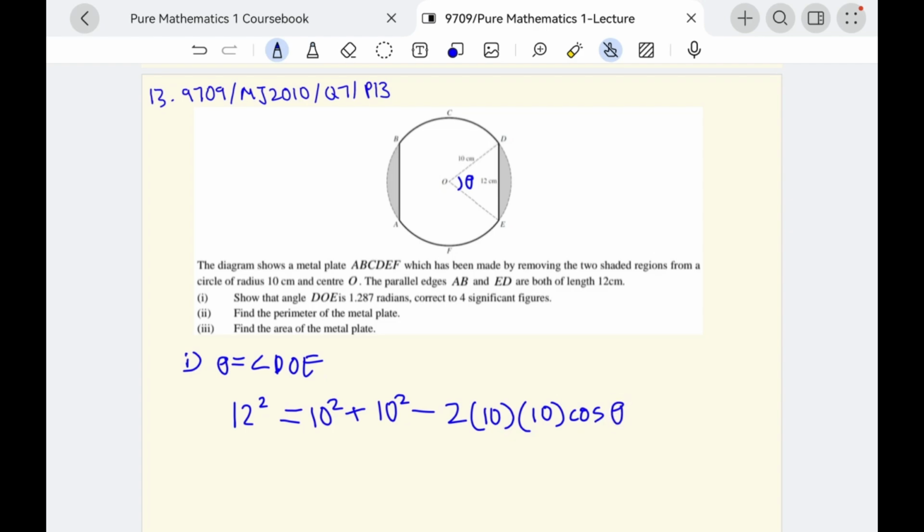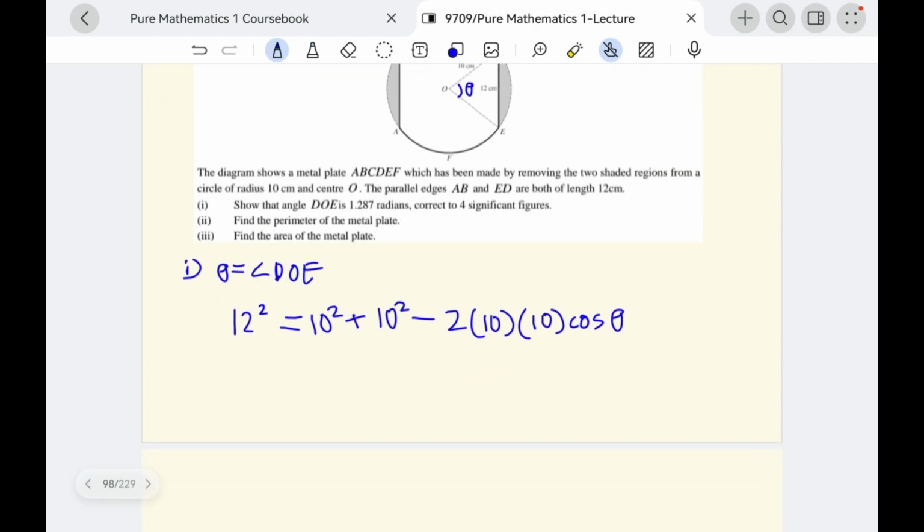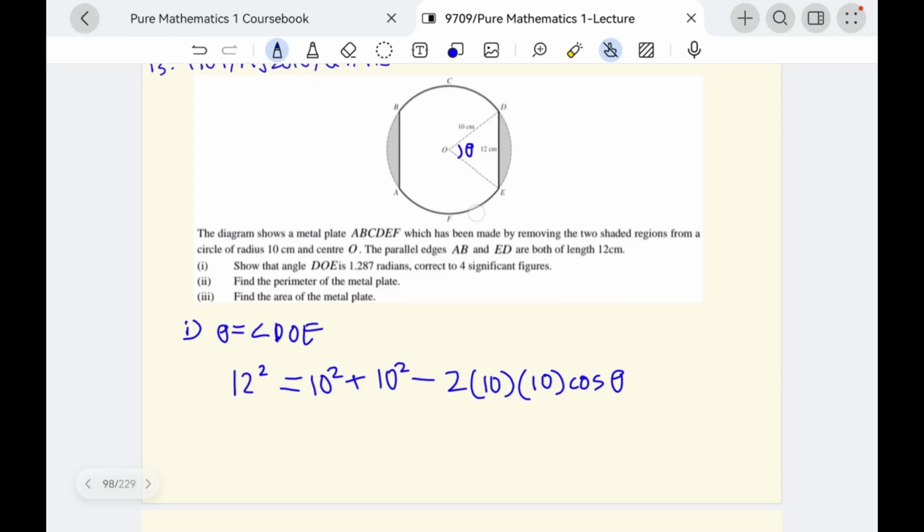Carefully operate it without making careless mistakes.